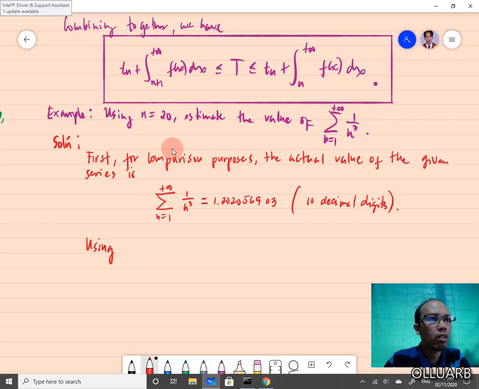Okay, maybe I will not use n equal to 20, maybe less. Let's say n is equal to 10. Okay, n is equal to 10. Let's wait for the program to respond.